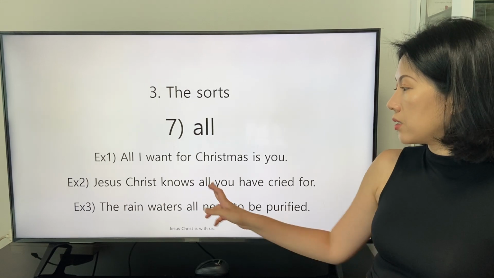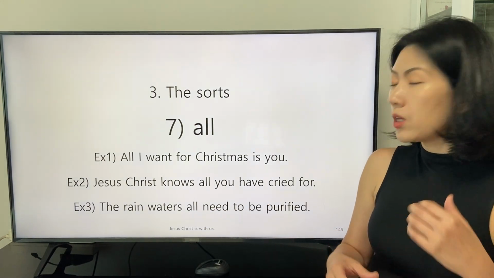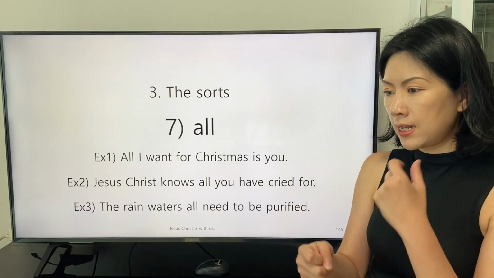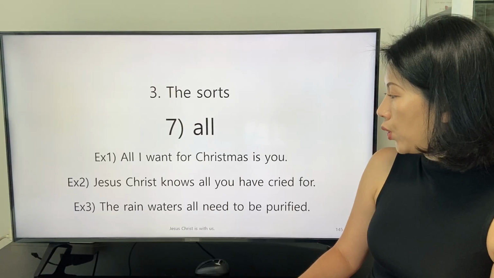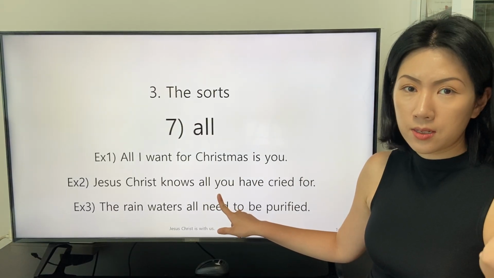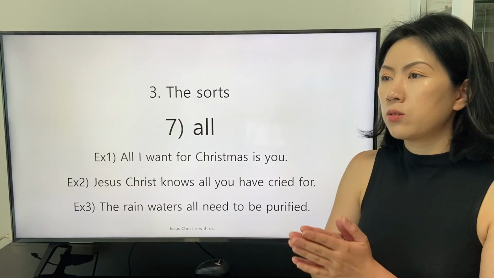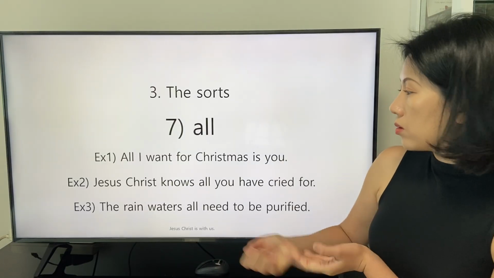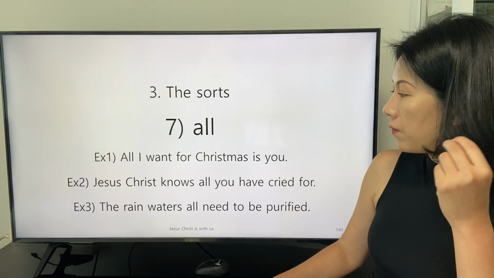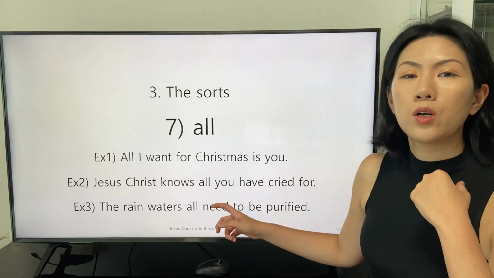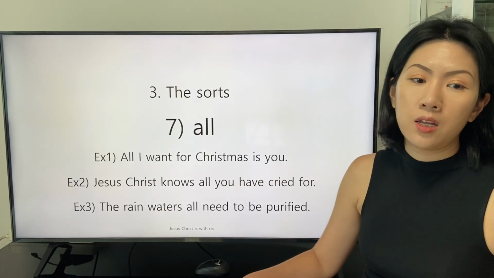So we can say that the pronoun all is the object that is the aim of the subject. Or we can also say that all is indicated as the purpose of the subject mediated by the preposition for.